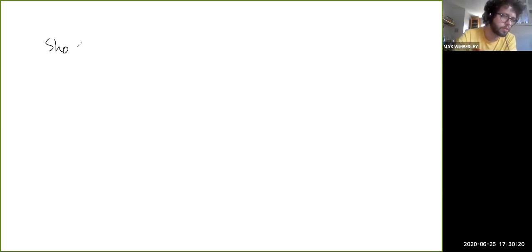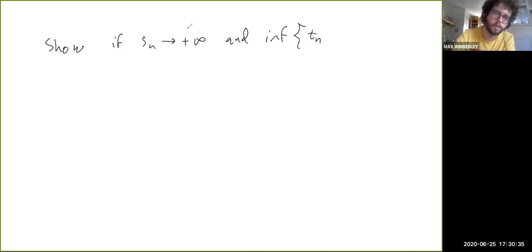Show that if Sn diverges to infinity and the infimum of Tn, so Tn is another sequence, right? Note that there's no absolute values here.